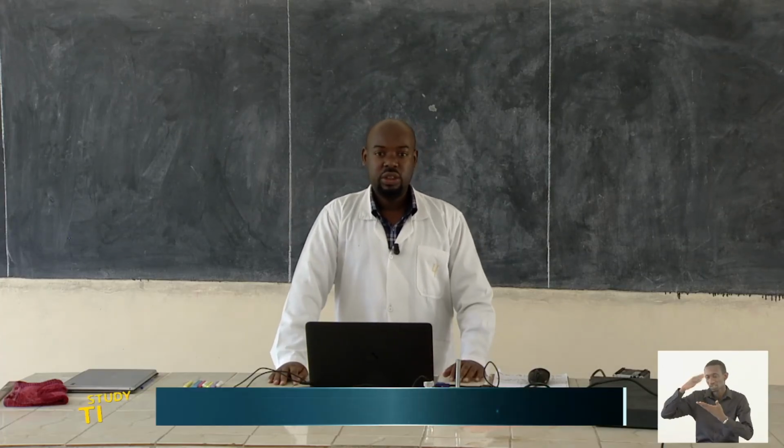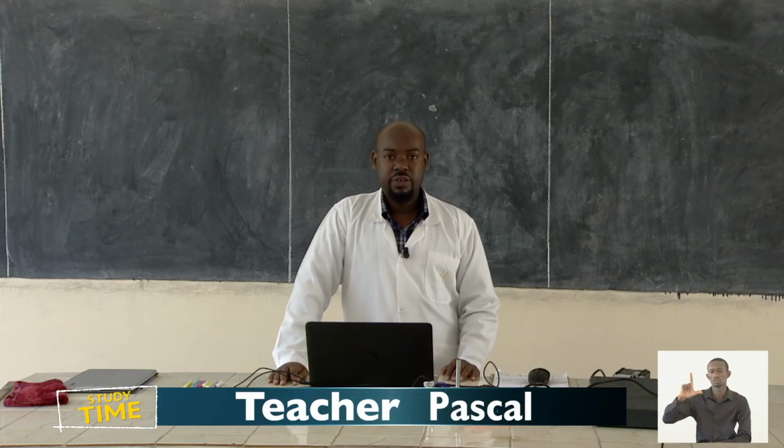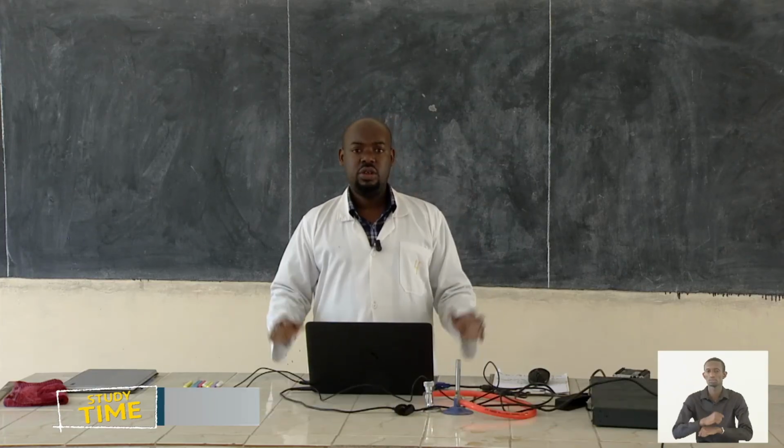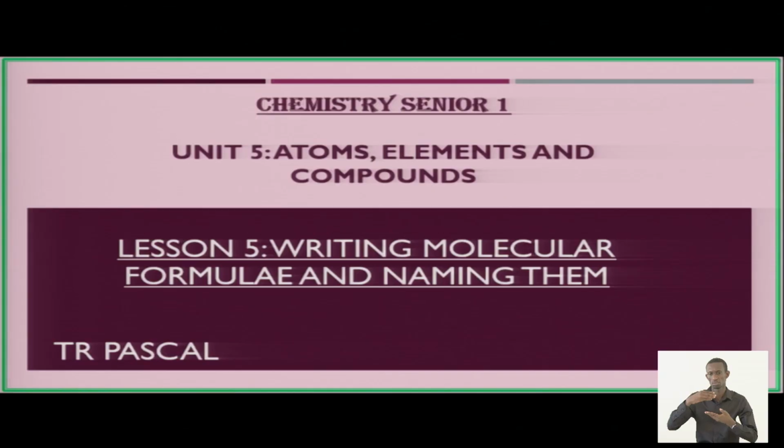This is Teacher Pasco, and today I will be with Senior 1 students in unit number 5. We have been discussing a lot in this unit. We know what a radical means, we know the formula of various radicals, their names, and today we will focus on how to write molecular formula of compounds and naming them.